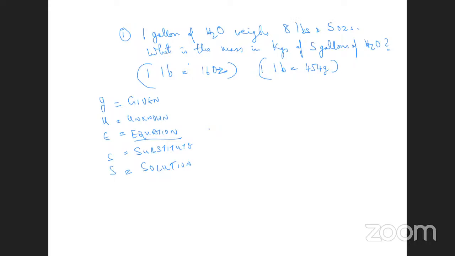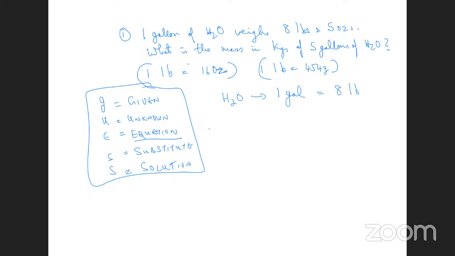Okay, always given. So let us write down the givens. For water, it says 1 gallon weighs 8 pounds and 5 ounces. Now also given 1 pound is 16 ounces, 1 pound equals 454 grams.